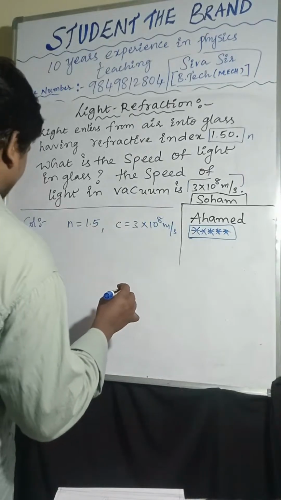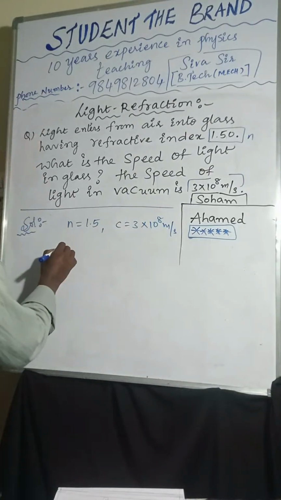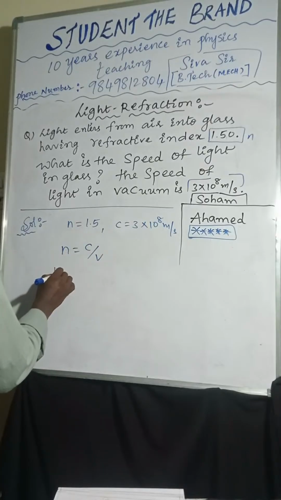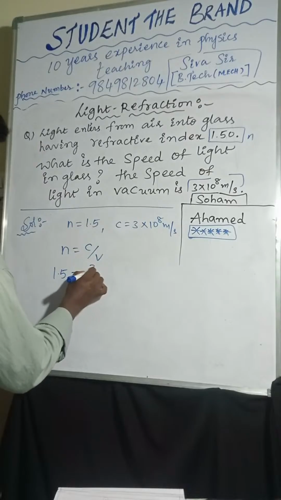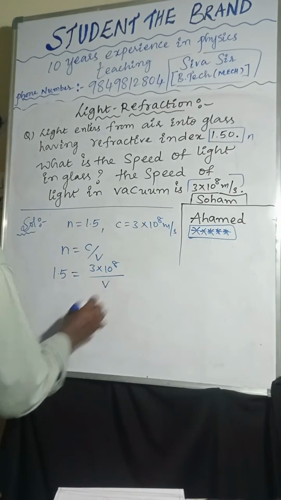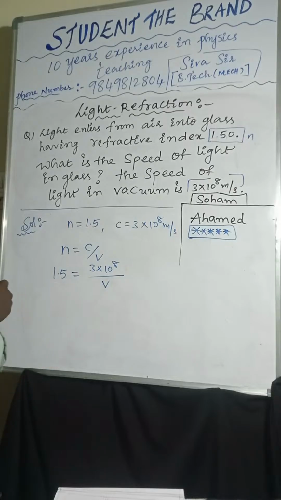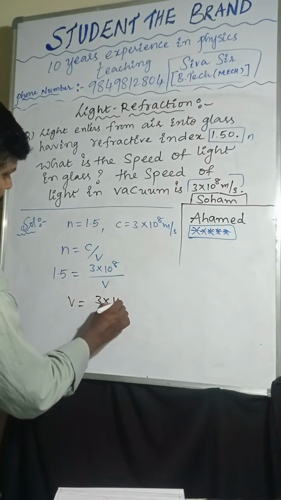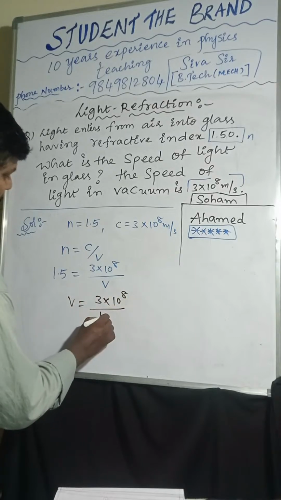So n equal to C by V. n equal to 1.5, C equal to 3 into 10 power 8, the speed of light in vacuum. V we have to find out. If you cross multiply, V equal to 3 into 10 power 8 by 1.5.